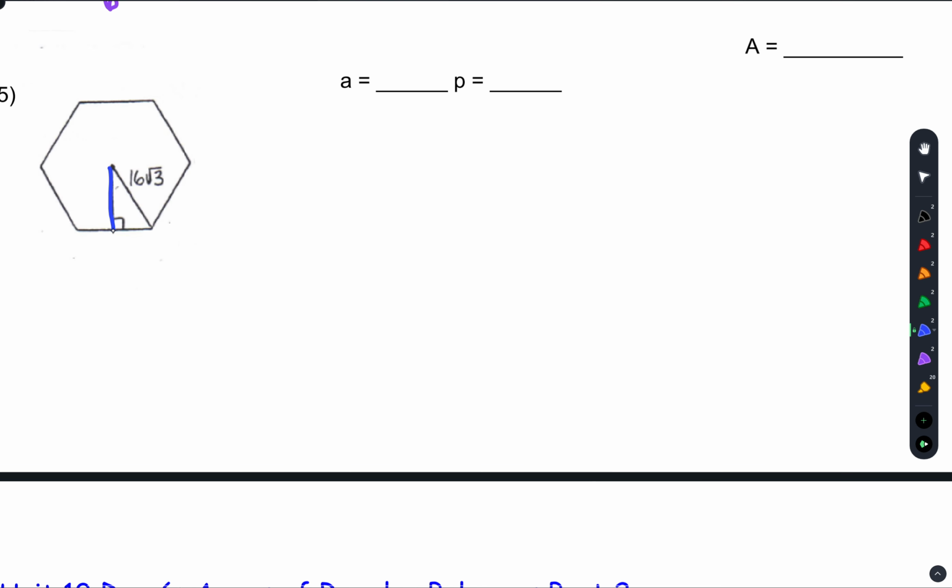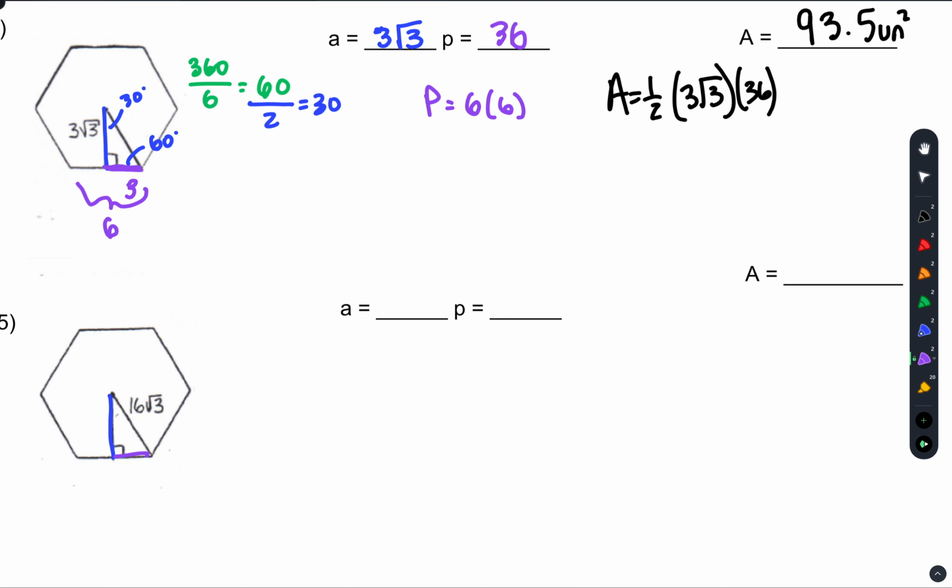Apothem, perimeter. Remember, we use the same angles because I just did a hexagon. I don't need to do it again. Hypotenuse is 16 radical 3. What's that short leg down at the bottom in purple? If the hypotenuse is 16 radical 3, Caitlin?